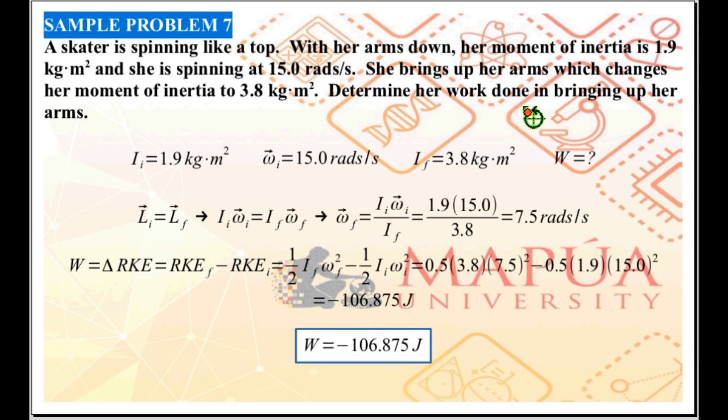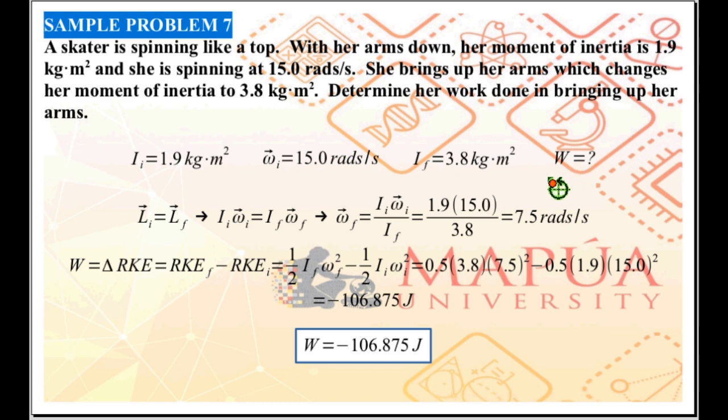Determine her work done, capital W, in bringing up her arms, in changing her moment of inertia from I initial to I final. Work done in this case changes not only the moment of inertia, but we also expect it to change the angular velocity, or in this case, angular speed.